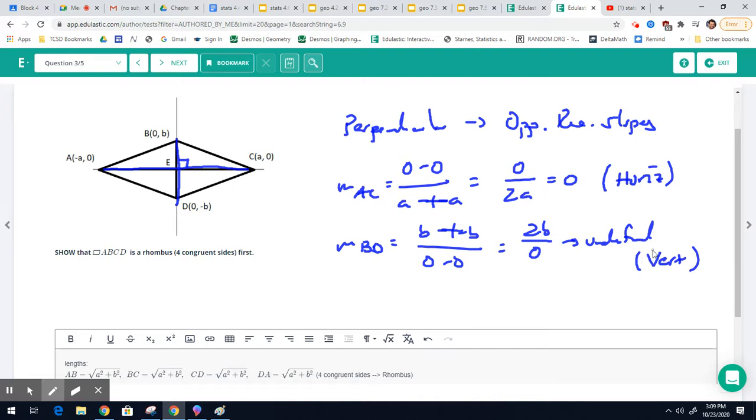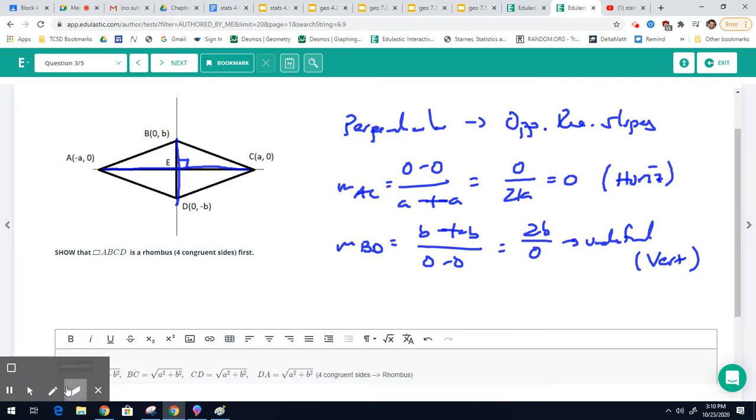And of course, a horizontal and a vertical line are perpendicular. We just showed that these diagonals are perpendicular. So the slope of AC was 0 over 2A, which is 0. And the slope of BD was 2B over 0, and that is undefined. Let me take a picture.